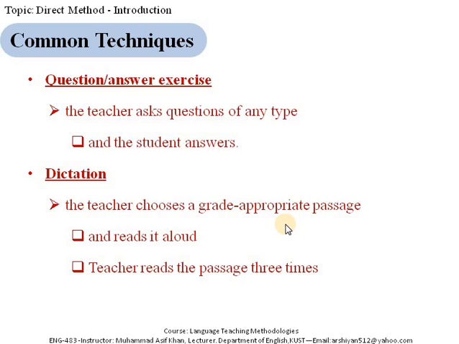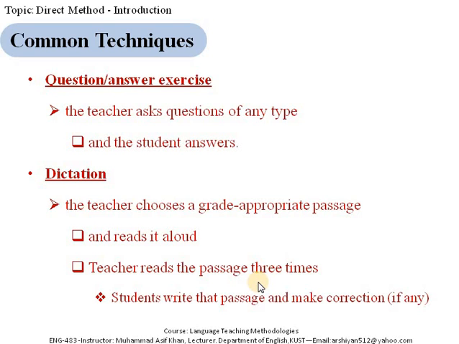We also see that here the teacher reads the passage 3 times, and it gives the opportunity to the students to make corrections. When they write something and the teacher is reading that passage again, they have time to make corrections. In this way they are self-correcting the material which they have themselves written.